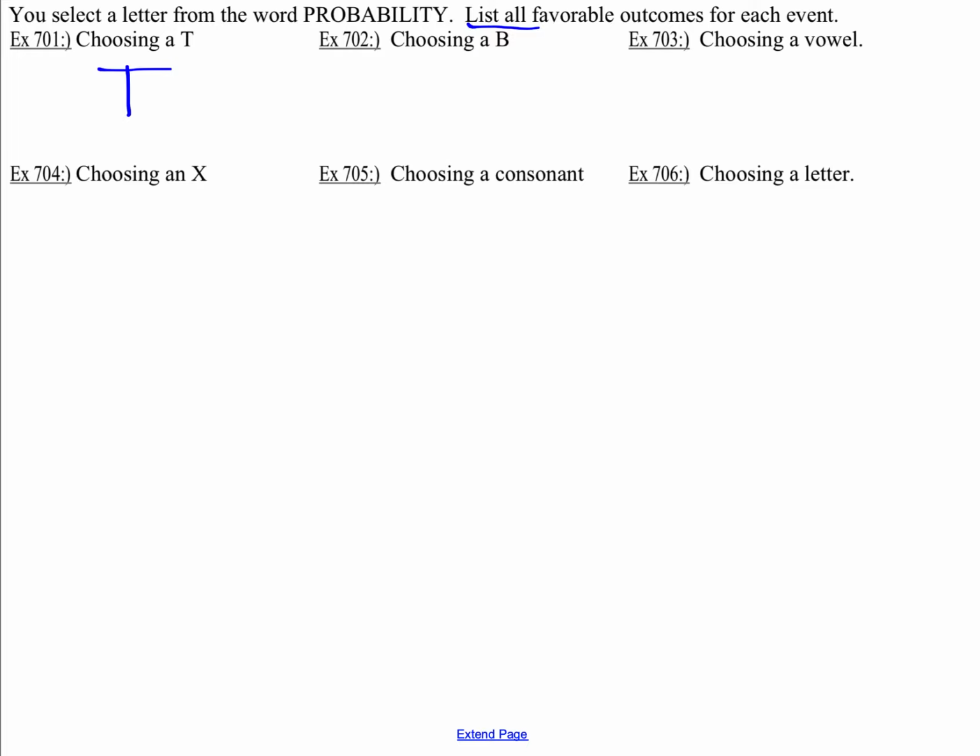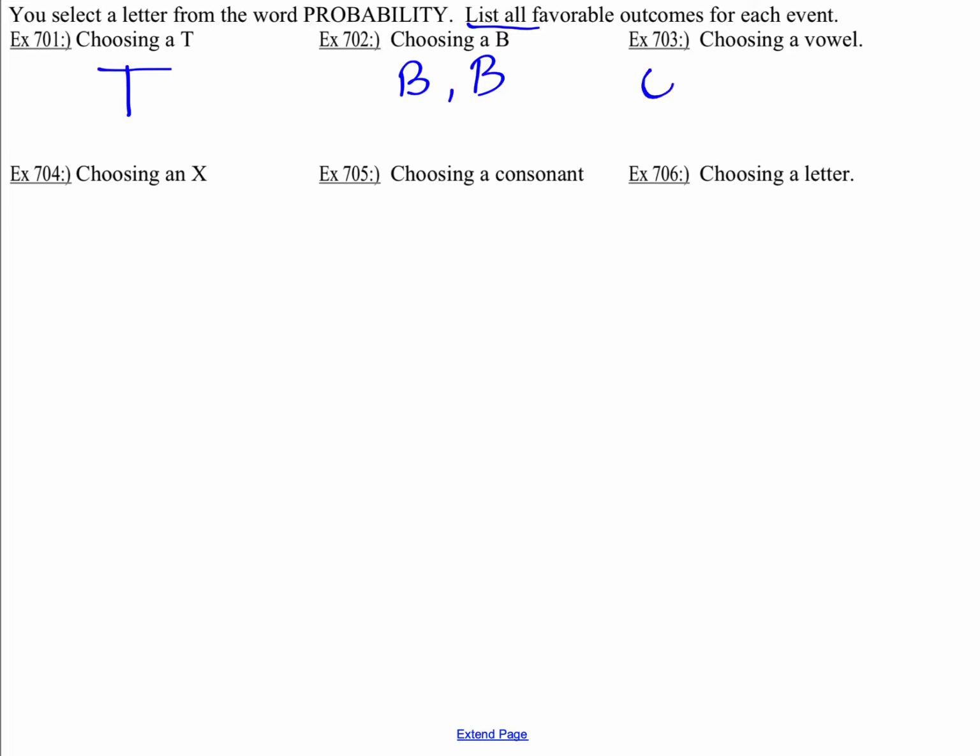All right, example 702. List the favorable outcomes for choosing a B. The word probability has the letter B happen twice, so the list of favorable outcomes would include B and B. Next one. List the favorable outcomes for choosing a vowel. We're just going to list all of the vowels.